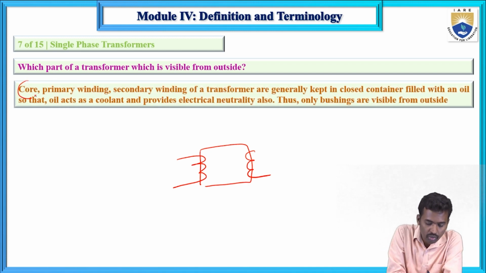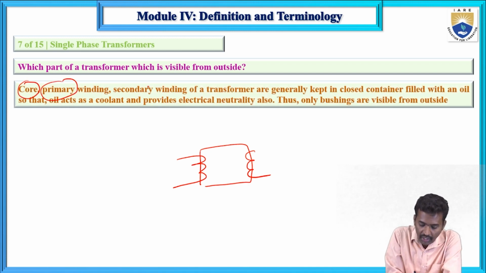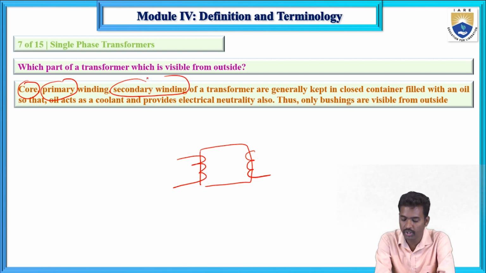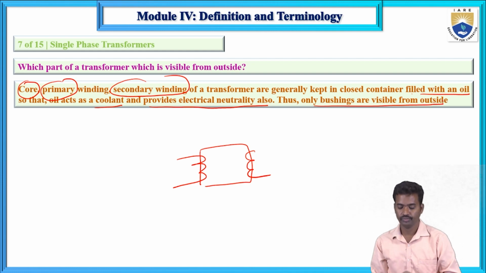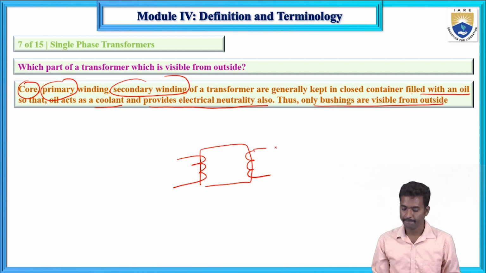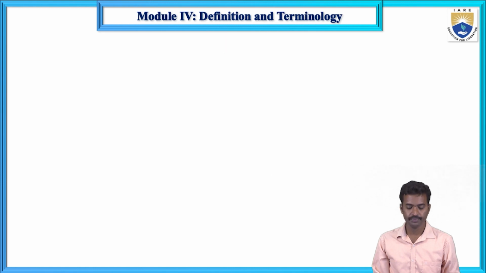The transformer core, primary winding, secondary winding and load are the parts, generally enclosed and filled with air or coolant, so they are not visible. The coolant also generally provides electrical neutrality. Thus, only bushings are visible from the outside. Bushings.